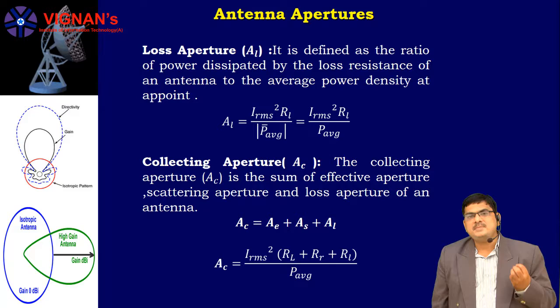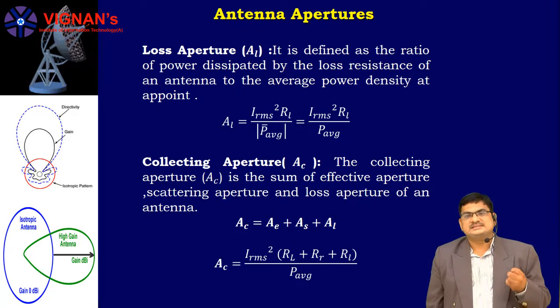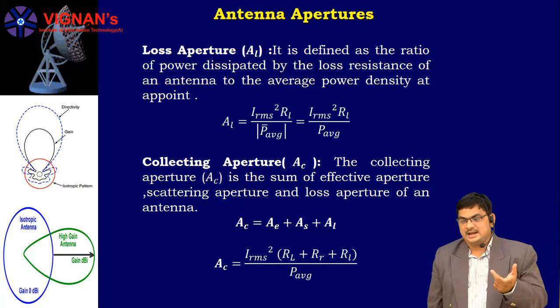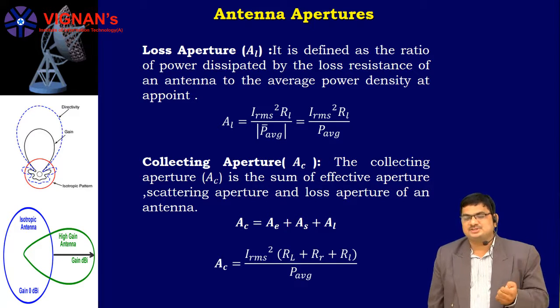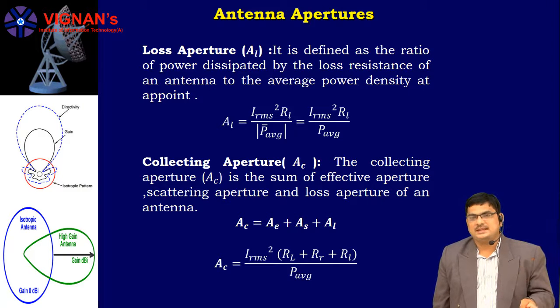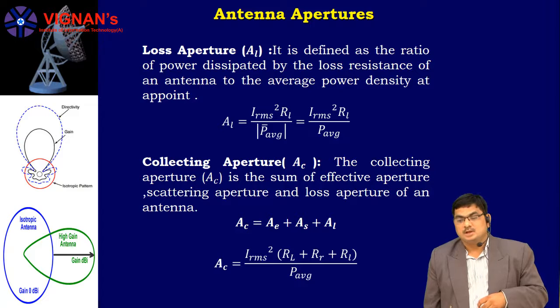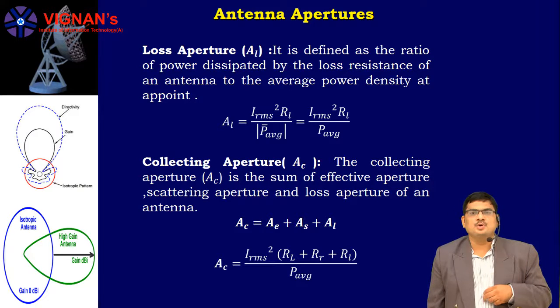The sum of the effective aperture, scattering aperture, and loss aperture is called the collecting aperture. So AC equals AE plus AS plus AL.